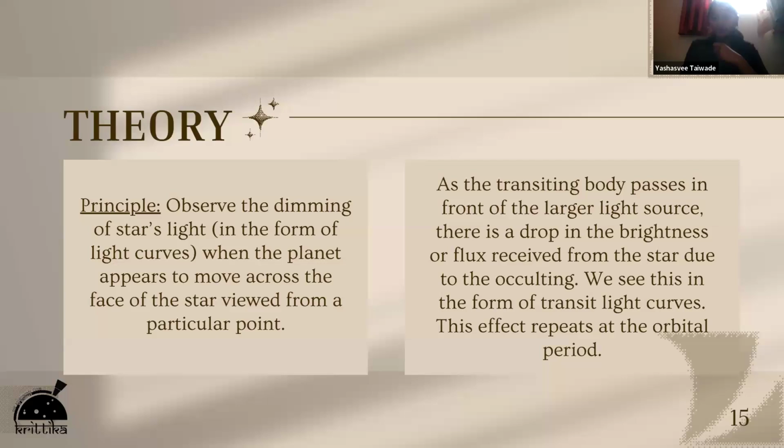And if this is seen in a periodic manner, then we can say that it is an exoplanet. We observe this change of brightness or flux in the form of transit light curves, and the effect repeats at the orbital period. So according to the planet's period, we observe the effect.